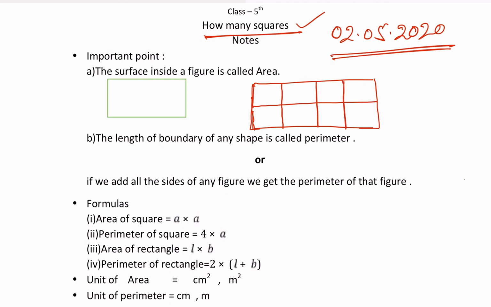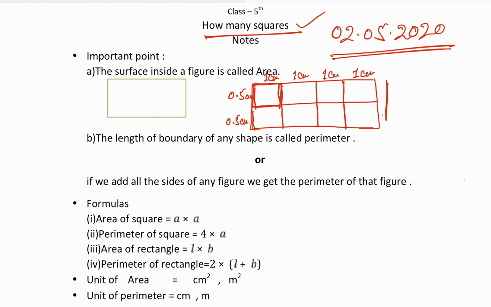Look carefully. This is a rectangle, and this small rectangle has length and breadth of 1 centimeter, 1 centimeter, and after that 1 centimeter. And it is 0.5 centimeter, 0.5 centimeter.